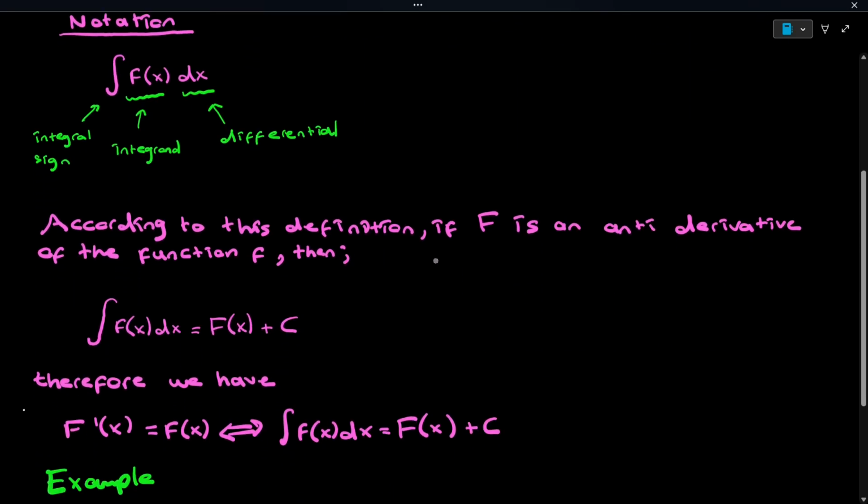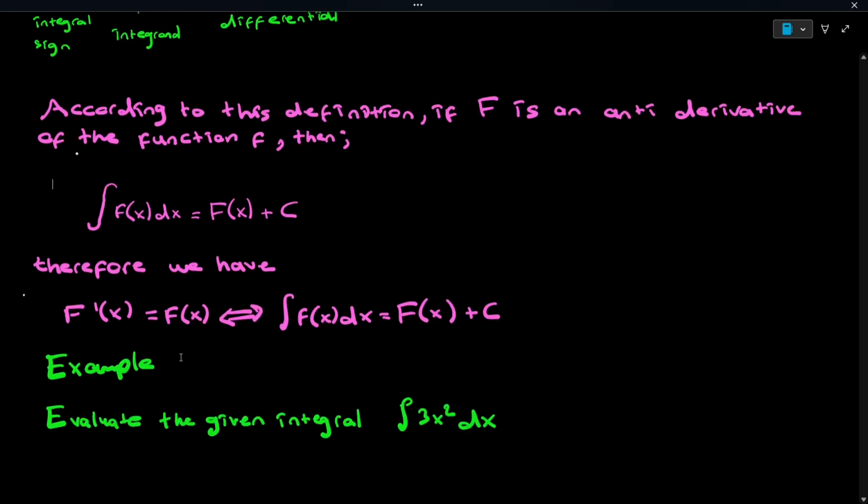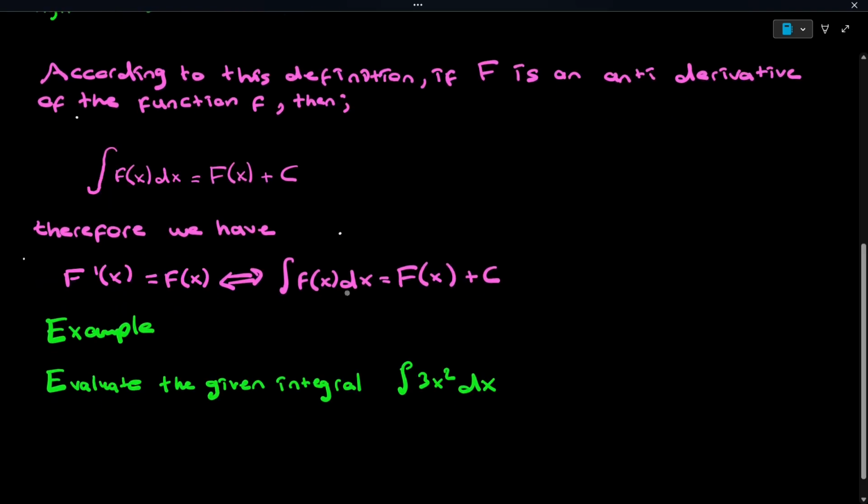According to this definition, if F is an antiderivative of the function f, then you can write the integral of f of x dx as F of x plus c, where c is a constant. And here we have if and only if, also saying the same thing. When you differentiate it, you get to the original function, and when you integrate it, you get to the capital F of x as well.